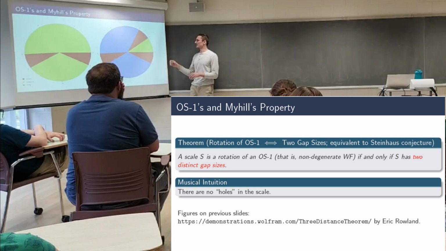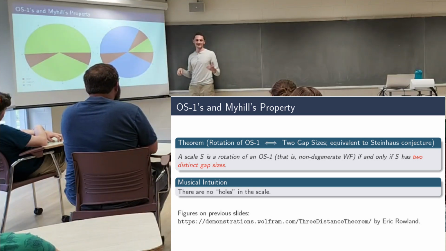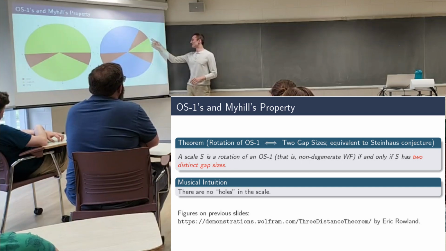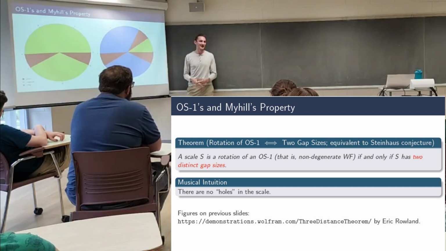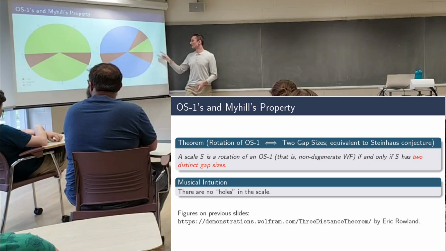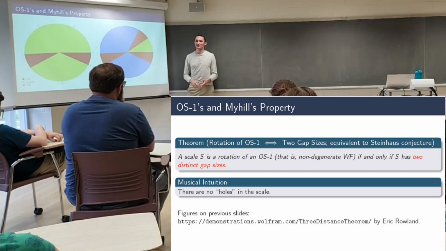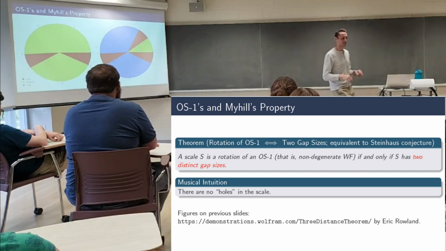So there are some spots in the scale where this size of interval is cut in half, not exactly in half, but in half by another pitch. But the other spots where this interval occurs, it is not cut in half by another pitch, where if we were to just generate a few more pitches, all of those would be filled. So that's what I mean when I say there's no holes in the scale.